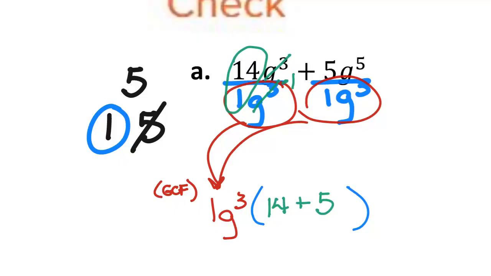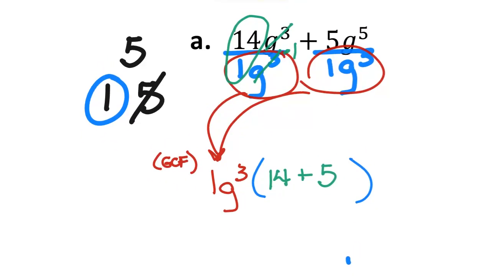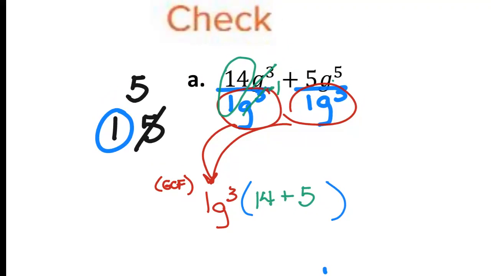And g to the fifth divided by g to the third is... How many g's do I have left? G to the fifth. You have 5 that are being multiplied. You're dividing by 3, so you have 2 left. So that is g to the second.